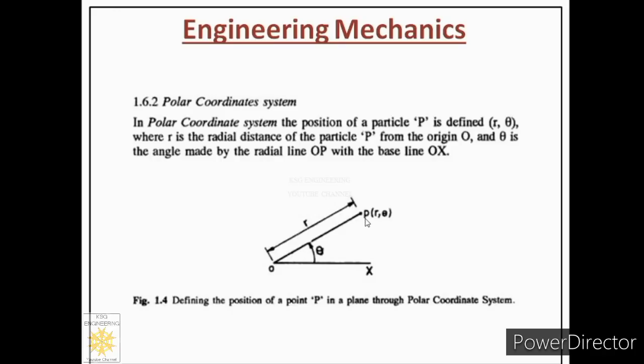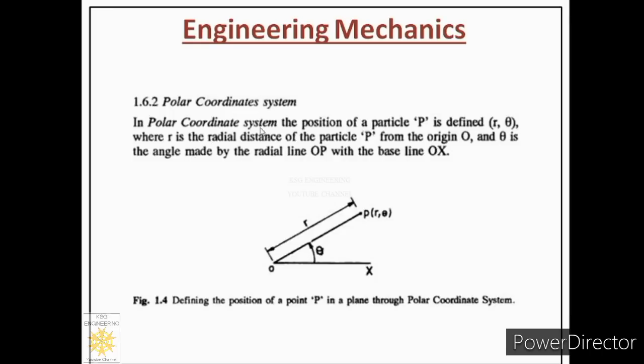Now in order to define the position of the particle with respect to this origin, we will say that it is r units from the origin, which is a radial line, and that radial line has an angle of theta with the baseline. You can see over here beside P we are writing r comma theta.